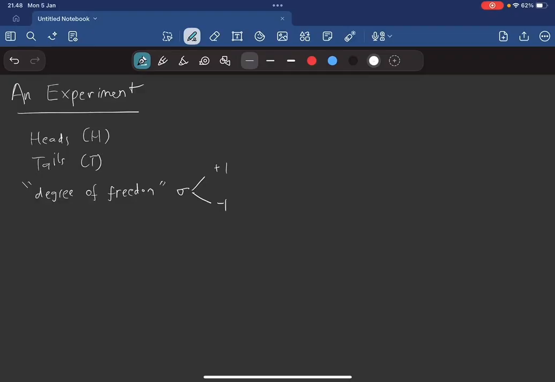The state H is replaced by sigma +1 and the state T by sigma -1. Classically, that's all there is to the space of states. The system is either in state sigma equal +1 or sigma equal -1, and there is nothing in between. In quantum mechanics, we will think of this system as a qubit.